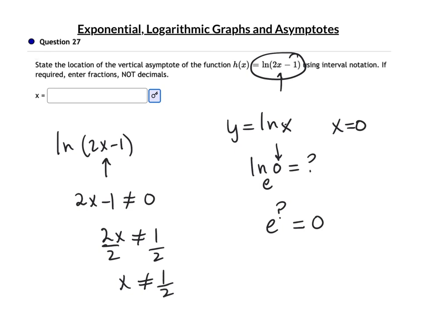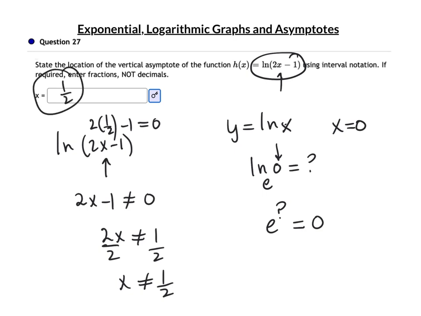Because if I plug in 1/2, I get 0, and I can't take the natural log of 0. 2 times 1/2 minus 1 equals 0. That can't happen. And when you graph this, you're going to see that it will forever approach the line x equals 1/2, but will never actually reach it.